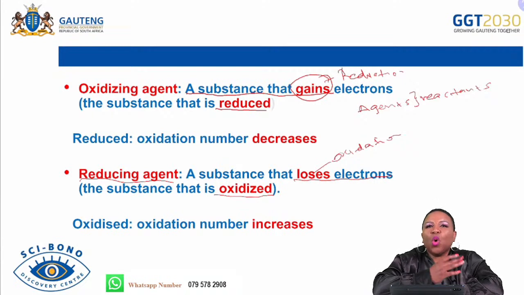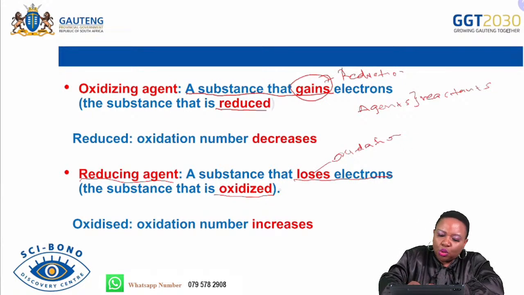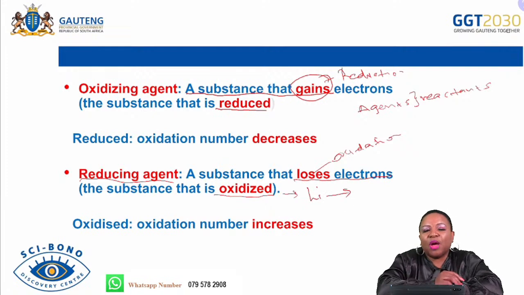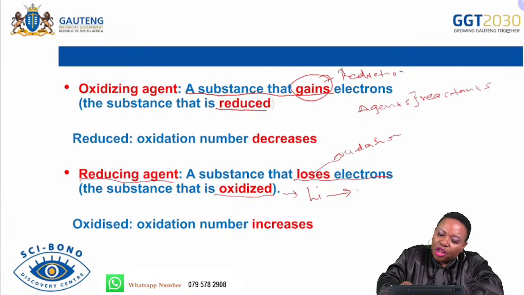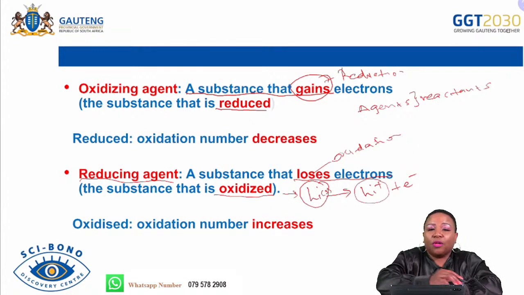Then, by being oxidized, it is very important to know that you are being oxidized from where to where. For example, if I'm saying lithium will lose electrons, it means lithium is my reducing agent. Therefore, it will lose electrons and become lithium ion and electron. So it means lithium will be oxidized from lithium atom or solid to lithium ion.